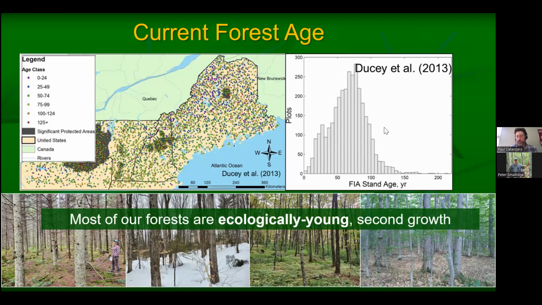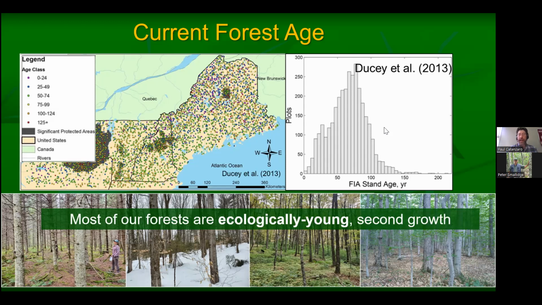So if you were to, in your mind's eye, take that graph and shift it to the right about 10 years, you would note that our forests are largely around 100 years old, and some of them might be 80 or 90, and some of them might be 110, but there is certainly this large proportion of our forests that are around 100 years old.